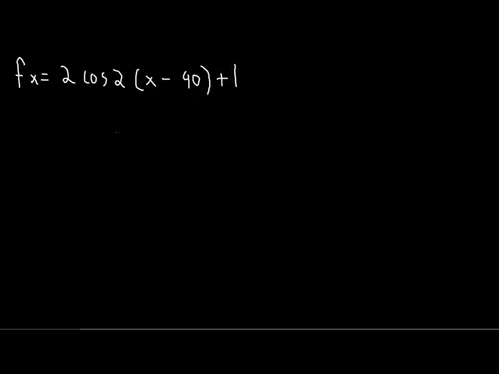Okay, so first let's identify our transformations here compared to our basic graph, which is just cos x, right? So what's different from cos x to this new equation that we have?